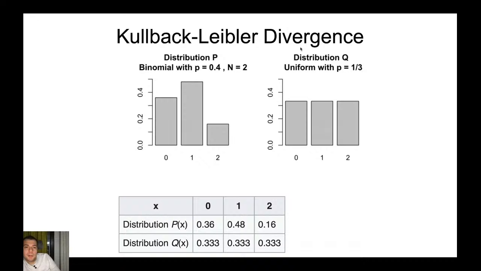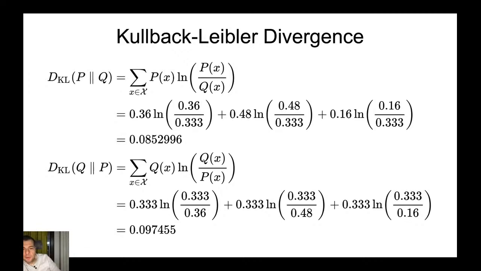Okay, so the Kullback-Leibler divergence is a function that measures how similar two distributions are, but it is not a symmetric measure. If the two distributions are equal, then the divergence is 0, and the divergence can go up to infinity if the distributions are very different.